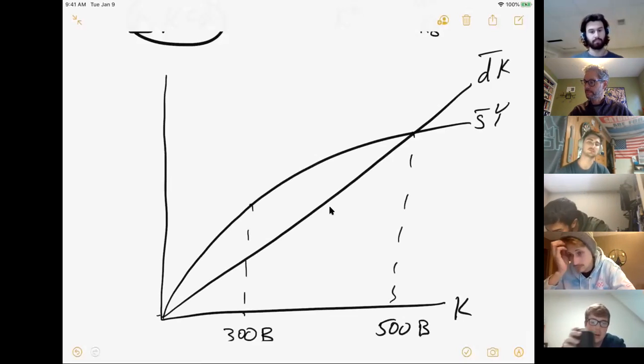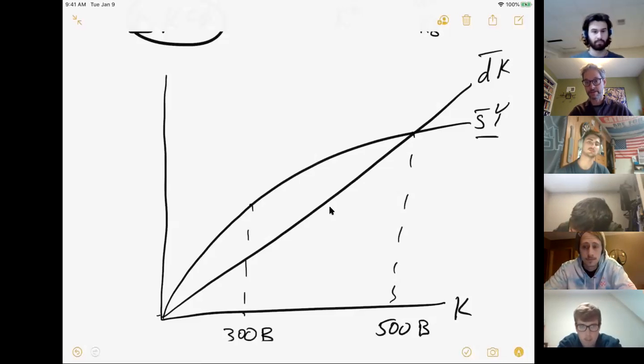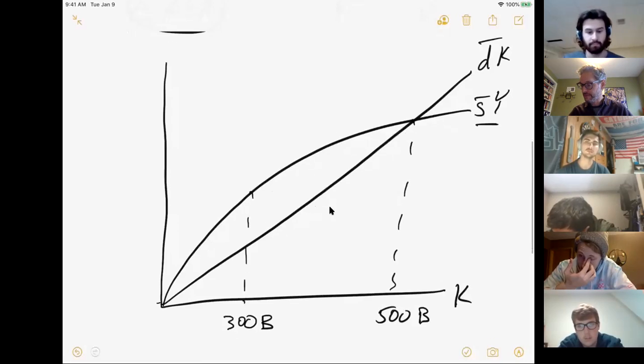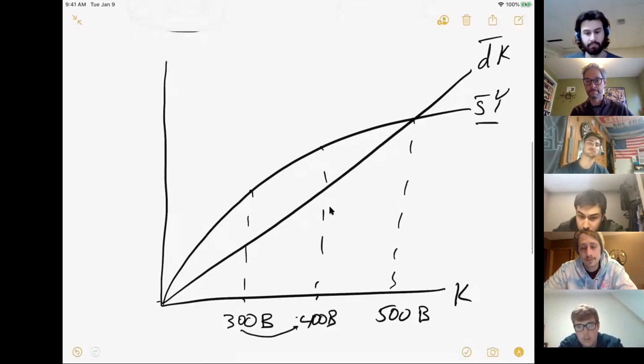Well, some of you said it changes the savings rate, but the key is that a savings rate change means a permanent increase in how much you save. But this question is very clear. It's not a permanent increase in how much you save. It's just a one-time increase in capital. So essentially, instead of being down here at 300 billion, it's moving us to 400 billion.